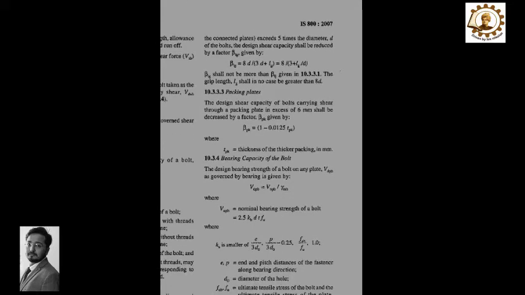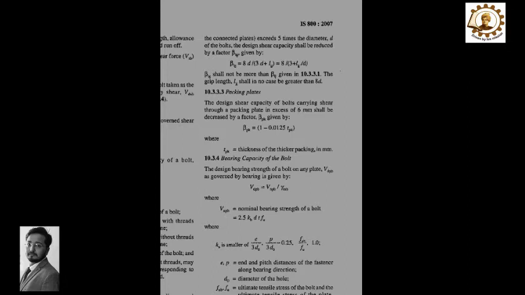I think you have remembered this. So Kb is the smaller of e by 3d0, p by 3d0 minus 0.25, fub by fu, and 1, the smaller of these four values.